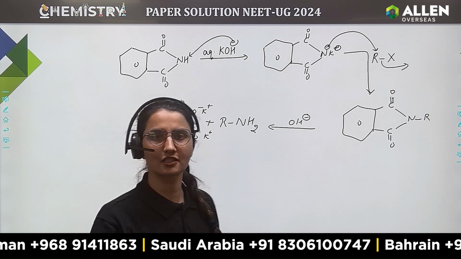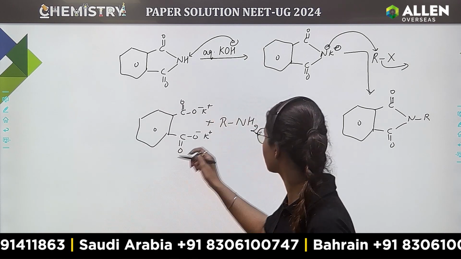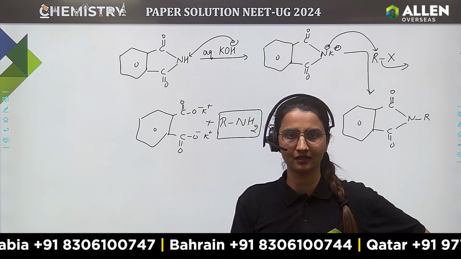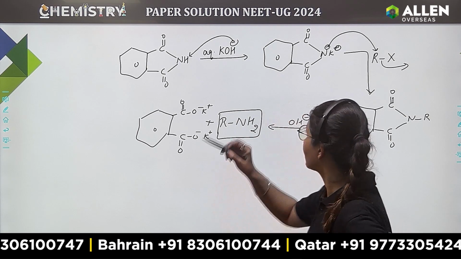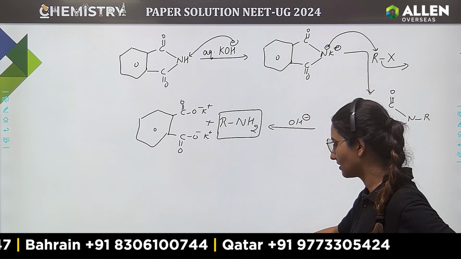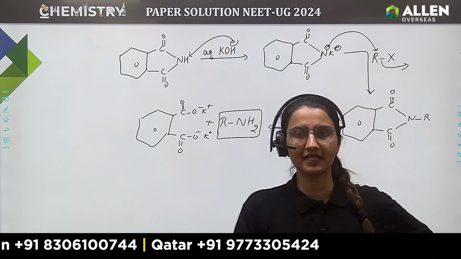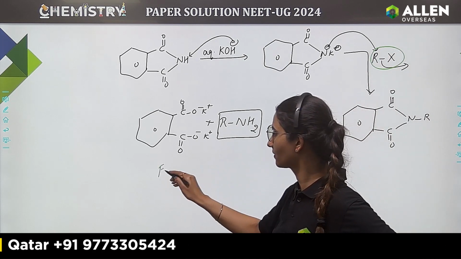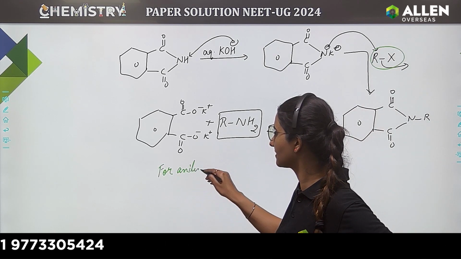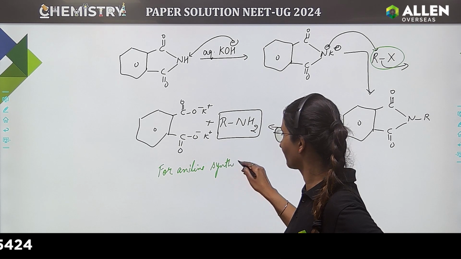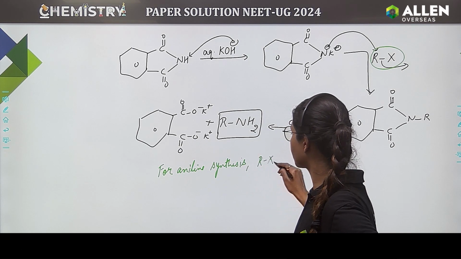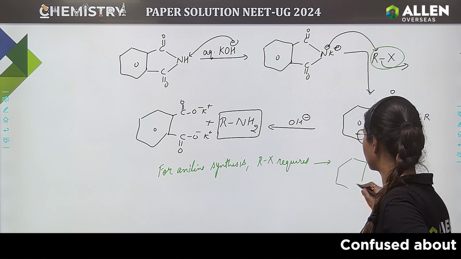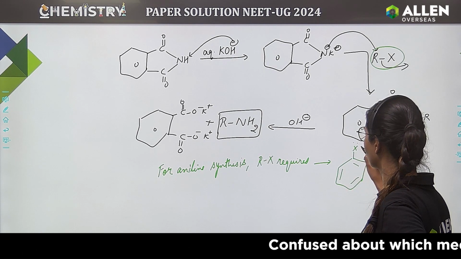The first pointer is that Gabriel phthalimide synthesis is only used for primary amines. The second catch is that it attacks on RX. Suppose I have to make aniline. What should my RX be? For aniline synthesis, the RX required should be benzene attached with some halogen.